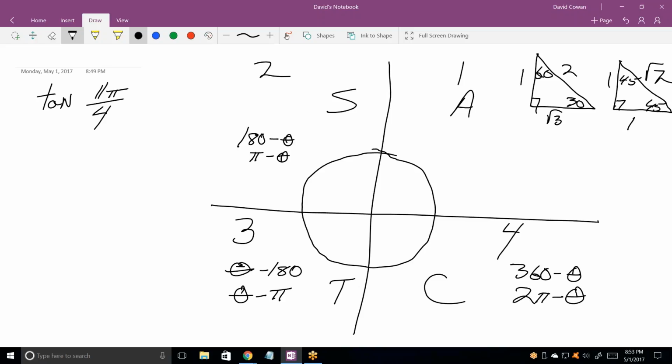Well, it's greater than a unit circle right now. Remember that 2 pi is one unit circle, which is 8 pi over 4. So this 11 pi over 4, that's more than 2 pi. So this angle is greater than 360 degrees.